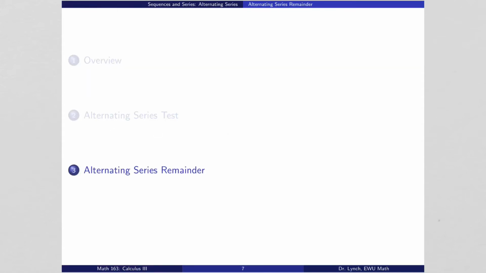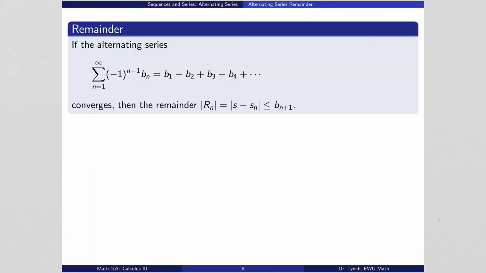Okay, so finally, a theorem about the remainder of a convergent alternating series. So if the alternating series, the sum n equals 1 to infinity of minus 1 to the n minus 1 times b sub n converges, then the remainder r sub n satisfies that it is a number that's less than or equal to b sub n plus 1, which is the next term in the series.